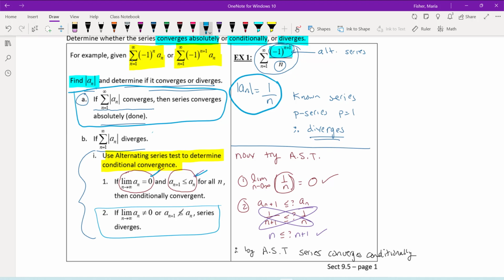If it diverges, like in our case, then we use the alternating series test to determine conditional convergence. If we are able to show that the limit as n goes to infinity of a_n is equal to 0, and that a_(n+1) is less than or equal to a_n for all n, then our series converges conditionally by the alternating series test. If those conditions are not met, then our series diverges.